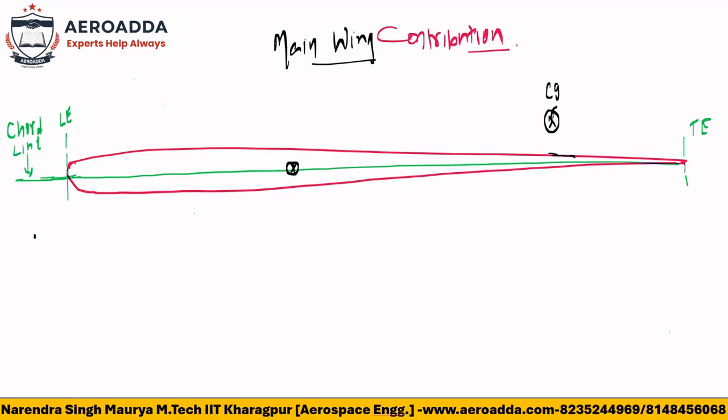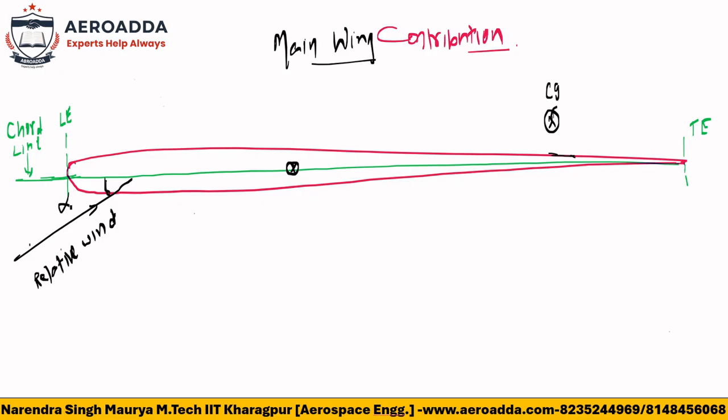This is the flow direction, so it will be the relative wind here. To make the mathematics simple, I am taking the relative wind at some angle. Otherwise, if I take a straight relative wind, I have to keep my wing or airfoil at some inclination. So instead of keeping the airfoil inclined, I am keeping the relative wind inclined. The meaning will be the same.